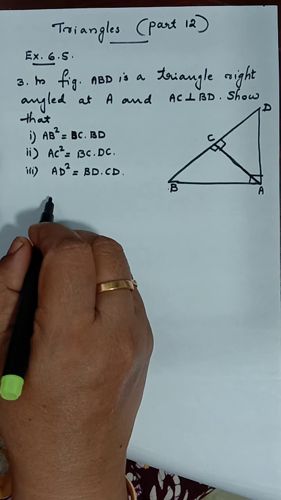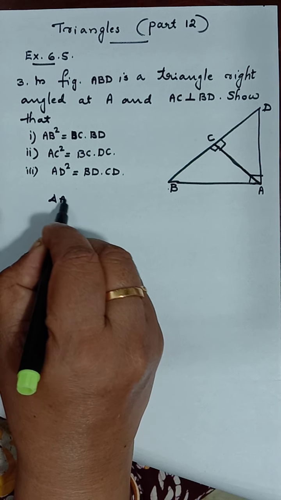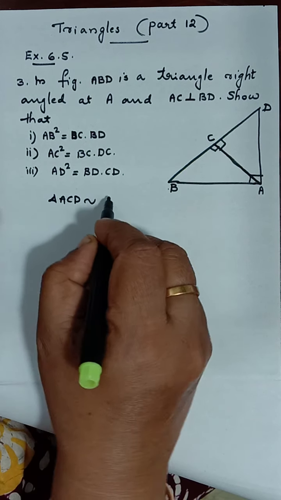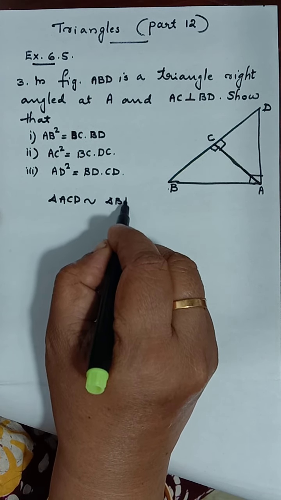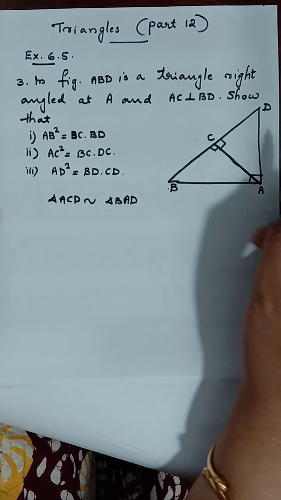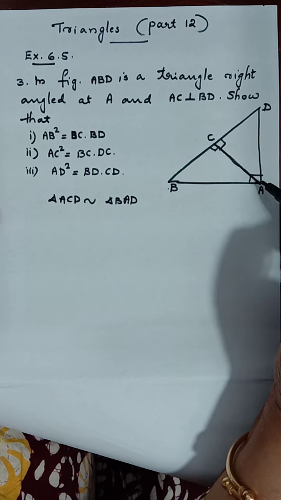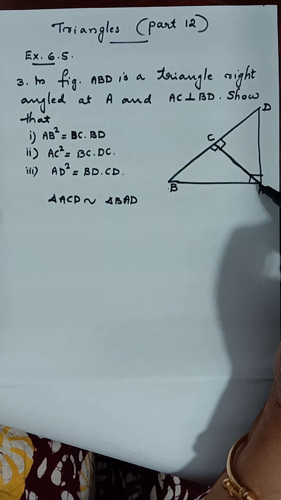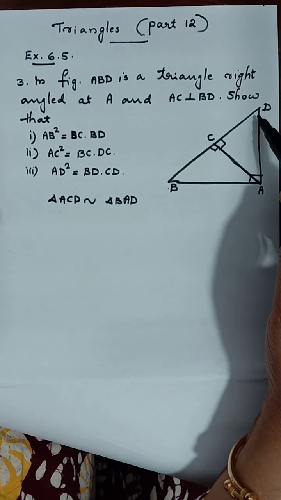Number one, triangle ACD is similar to triangle BAD, we can say. Look at triangle ACD. ACD is a right triangle that is similar to triangle BAD.